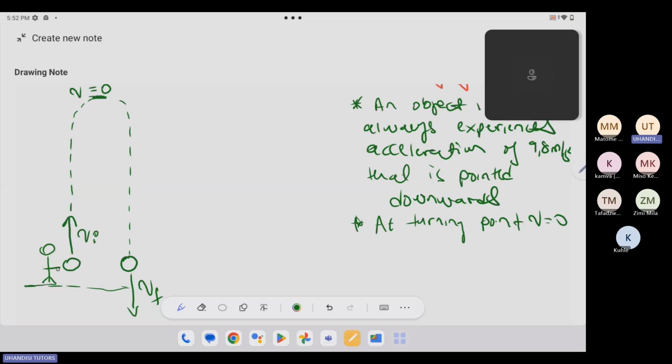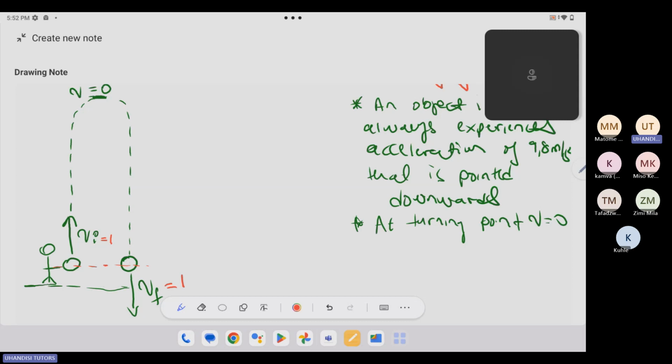Now, if this object leaves this position with an initial velocity of v, let's say with a magnitude of 1, when it returns, as soon as it reaches the same altitude as your initial point, the magnitude of the velocity vector should match the magnitude of the initial velocity vector.